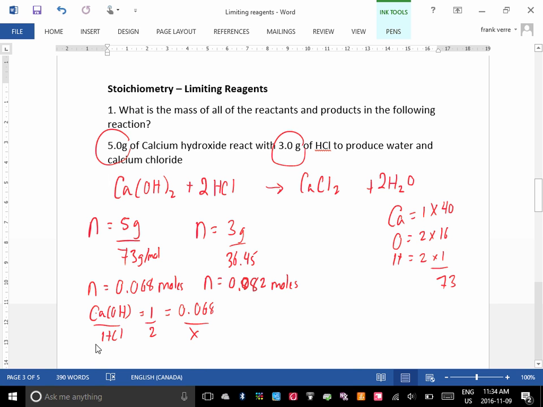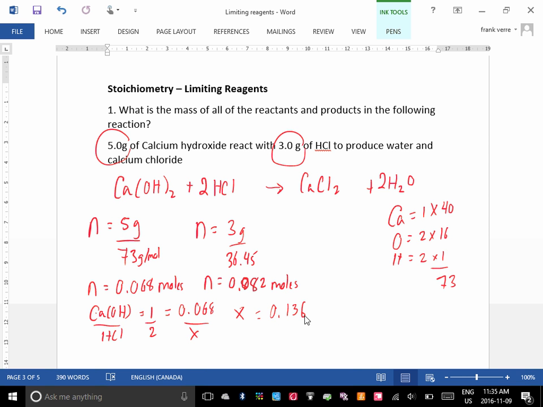Well, the ratio is 1 to 2, and you solve for x, and you're going to find that x is actually 0.136.